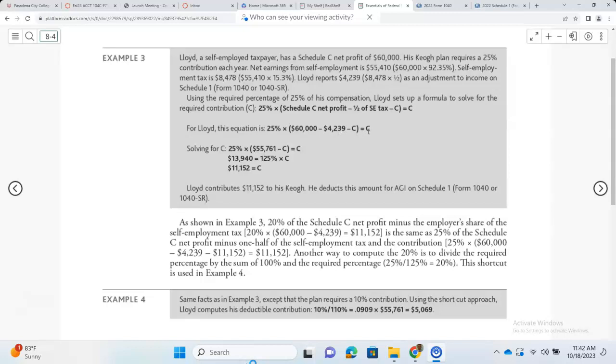So if you solve for C, doing the math, 55,000 minus C times 25%. Again, just solve for C, that will become $11,152, the contribution permitted to put in the Q plan.